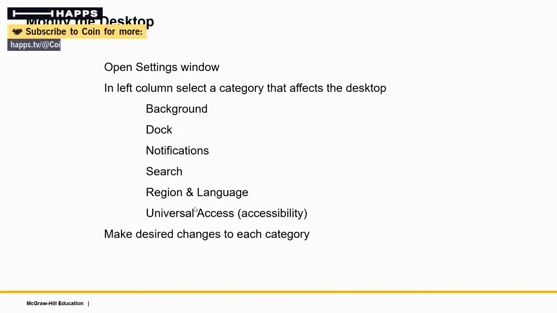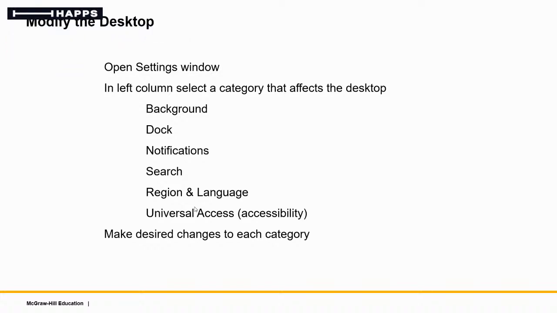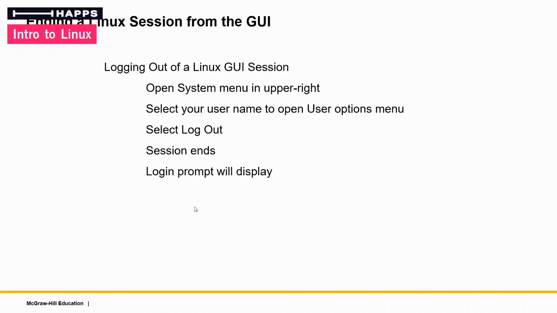This is modifying the desktop, but this is for the Ubuntu environment, and we'll be running some tests and doing some things on a Fedora environment. But you can modify the desktop just like you can in Windows. You change how the dock is displayed, how large the icons are, maybe change the background, modify the regional location, any of those kinds of things.